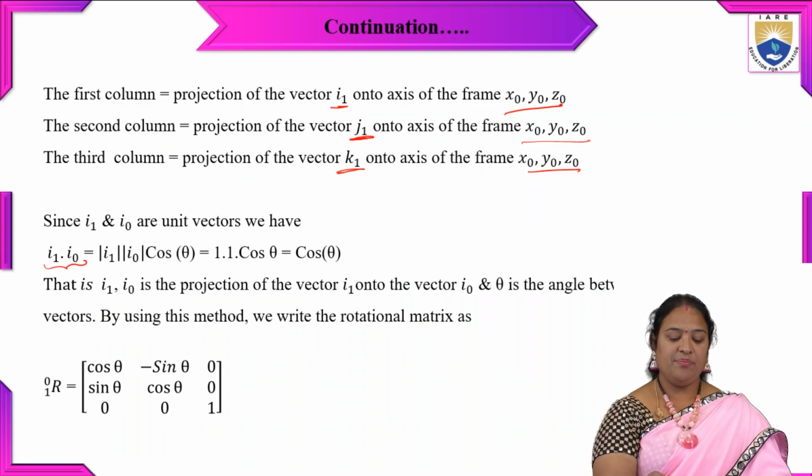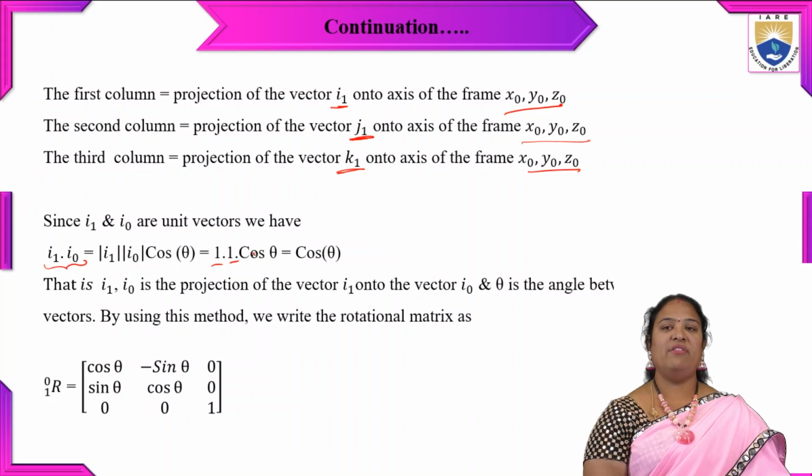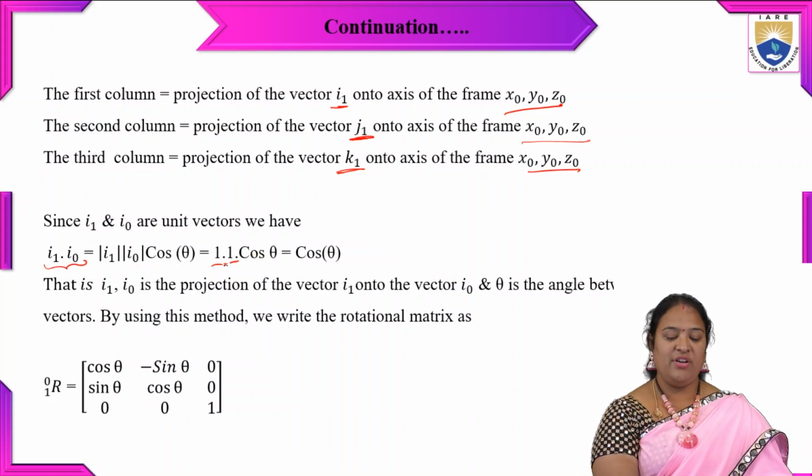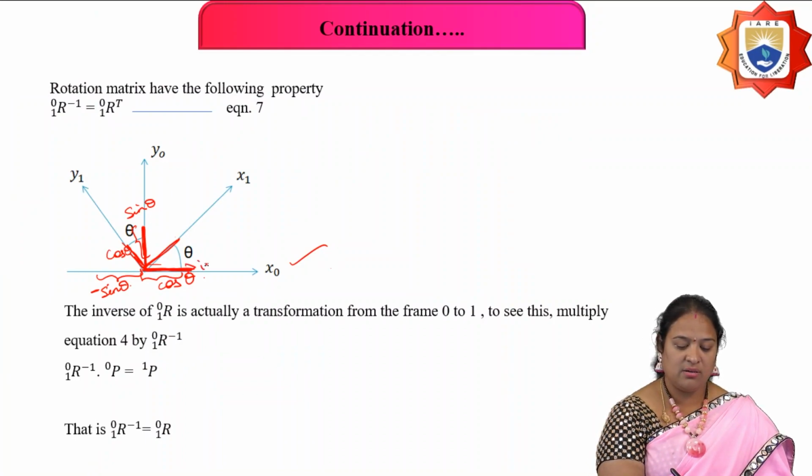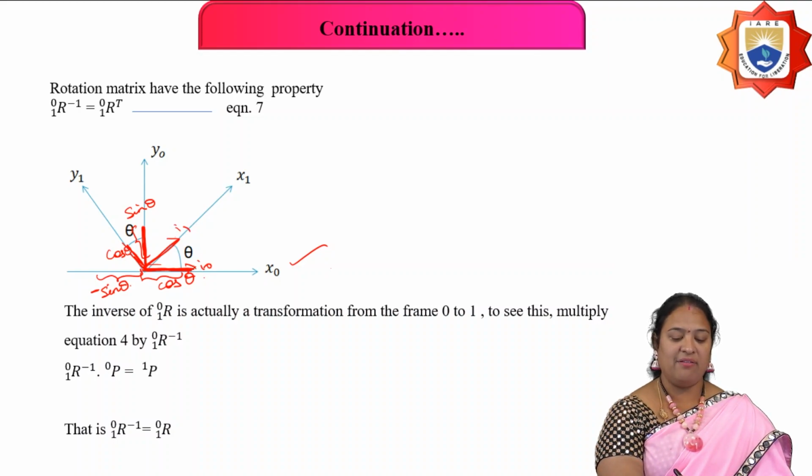So, accordingly, what are I1 and I0? It is nothing but 1 and 1. We don't have any other values, so we are considering the unit. Since it is a unit vector, we have the values as 1 and 1. This is I0 and this is I1. When we are considering I1 and I0, the angle which we have got is cos theta.